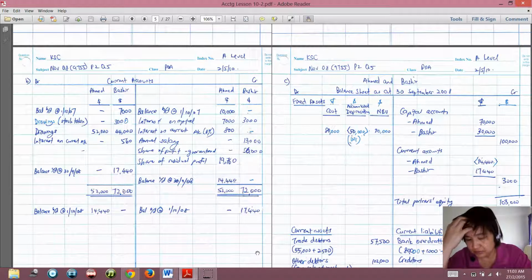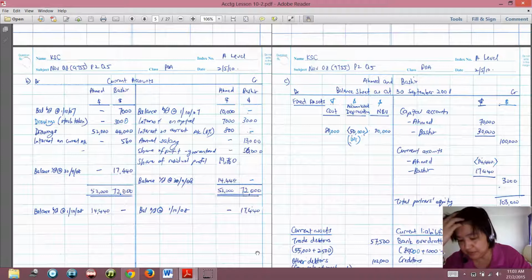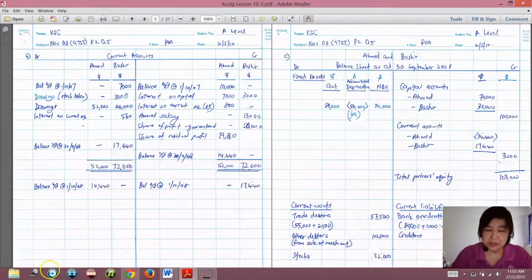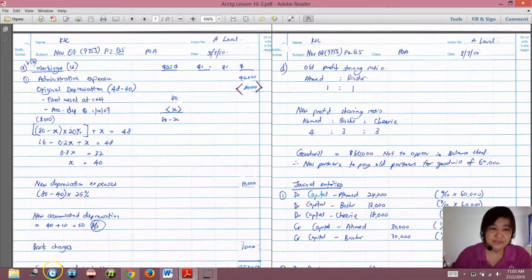In the question under item number 3, by looking at the bank statement for September 2008, it is discovered that the following items have not been taken into account. Bank charges 10,000. Bank charges is an expense, so it should be included in the administrative expense, but it was not included.